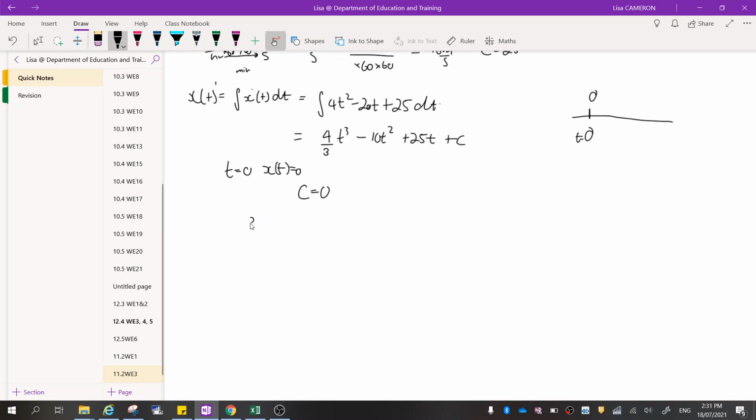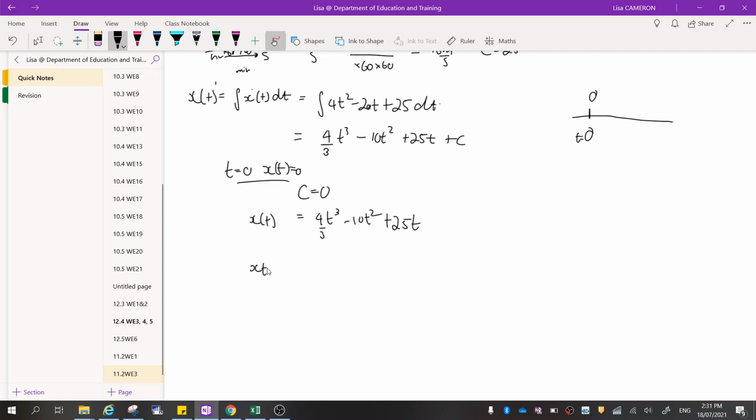Okay, so now I can state what my displacement function is. So it's going to be 4 over 3 t cubed minus 10t squared plus 25t. Okay, so we want the distance that it travelled in this time. We already know the first one.